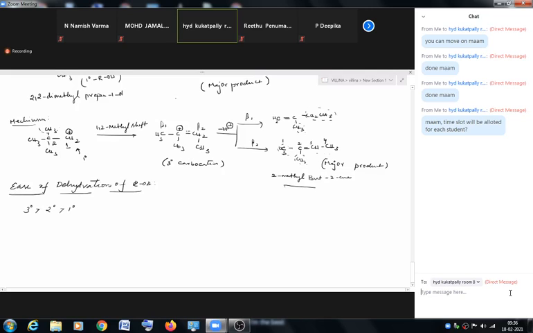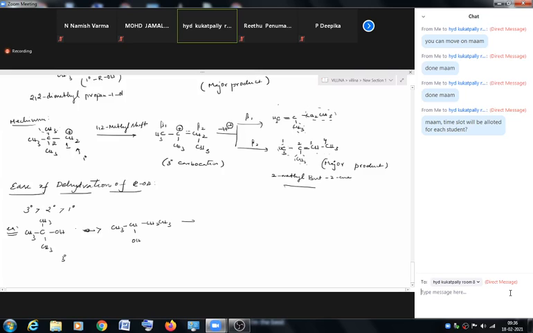So small examples, same, CH3, CH3, CH3. So this is a tertiary alcohol, which is greater than secondary CH3, CHOH, CH2, CH3.